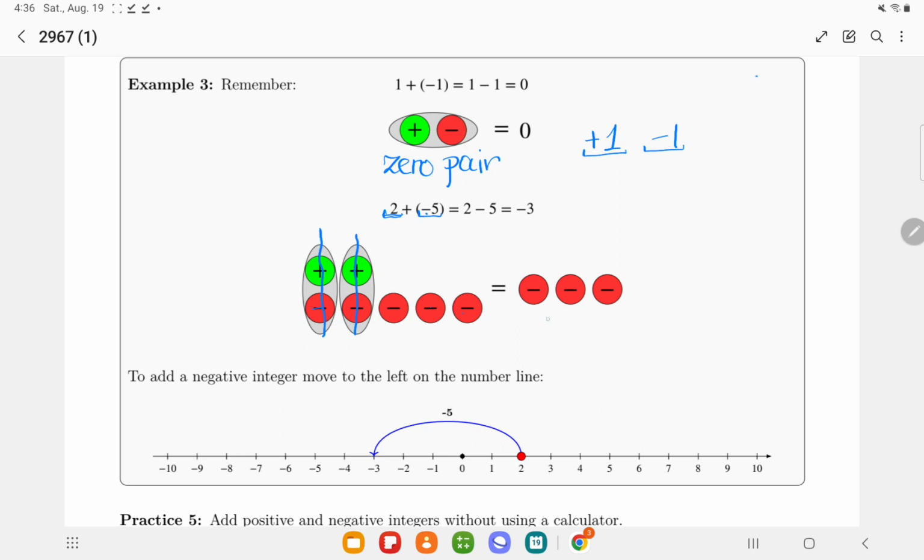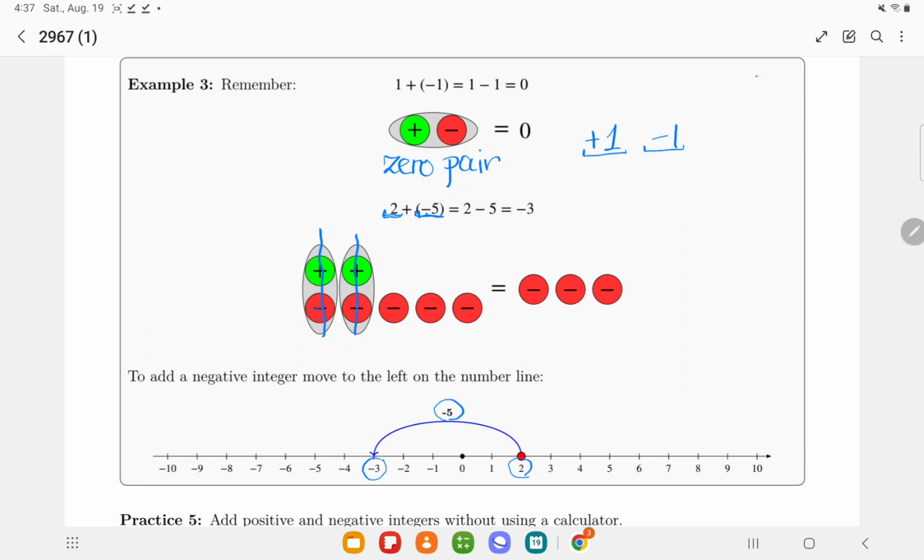A negative result makes sense because we have more minuses than pluses. We start with 5 minuses and only 2 pluses. And since 1 plus and 1 minus add up to 0, we stay with 3 negatives. So if the temperature outside is +2 and it drops by 5 degrees, the final temperature is -3.